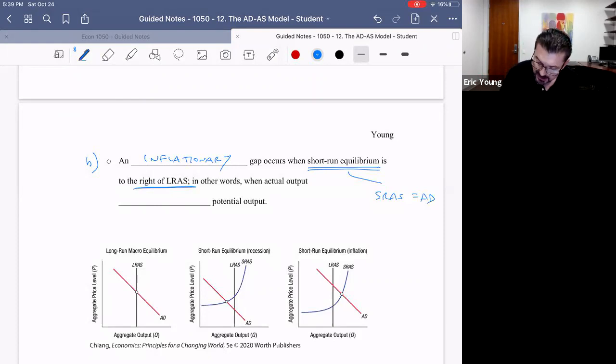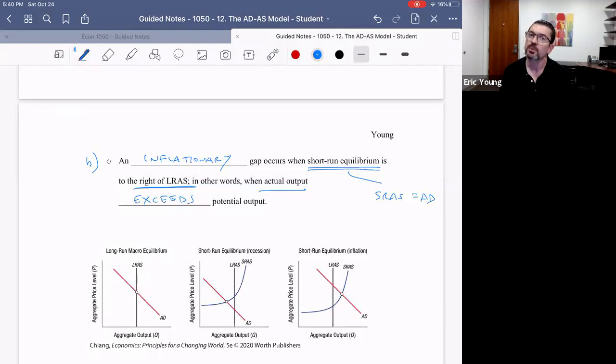In other words, in this situation, your actual output exceeds your potential output. Now, in earlier lectures, we clarified the fact that in the long run, this is not sustainable. But in the short run, for various reasons, an economy can overproduce past its long-run potential.